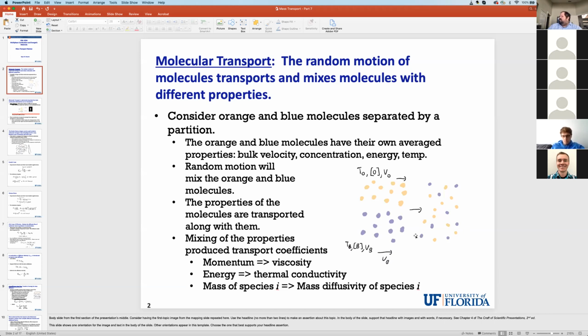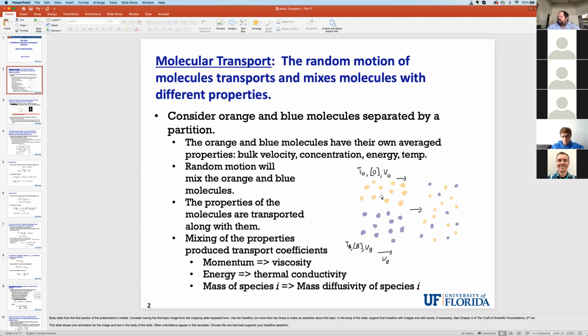That process, where these different molecules are being mixed and transported around at this really zoomed in molecular level, is called molecular transport. Along with the identity of a molecule, these blue molecules are transporting their temperature, their concentration, their velocity, etc.